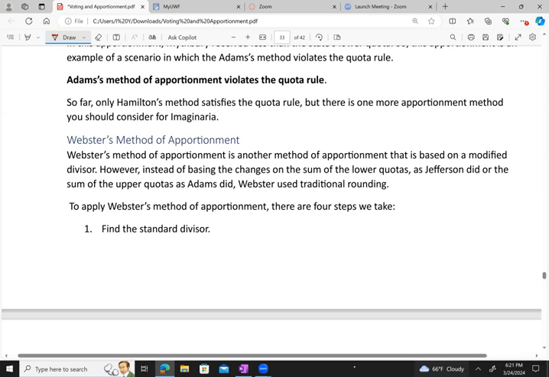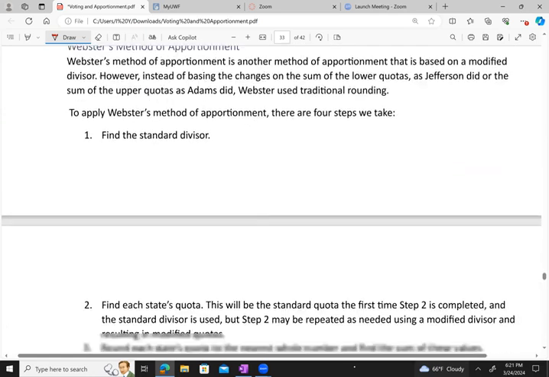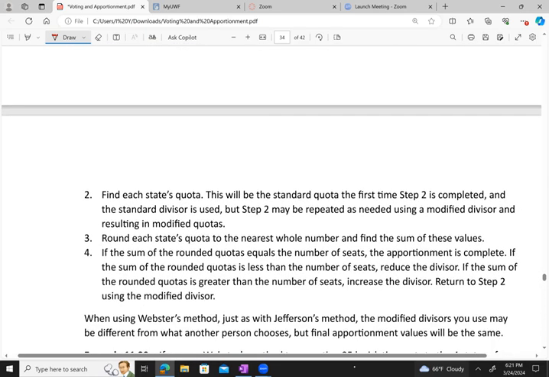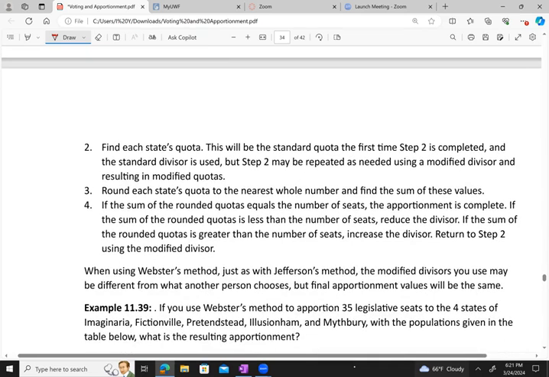So we follow the same steps. Find the standard divisor, find each state's quota. This will be the standard quota for the first time step 2 is completed and standard divisor is used. Step 2 may be repeated as needed with a modified divisor and modified quotas.